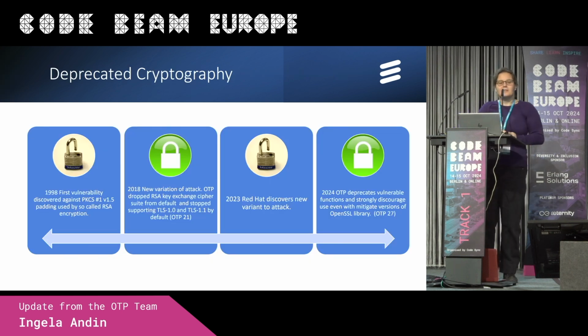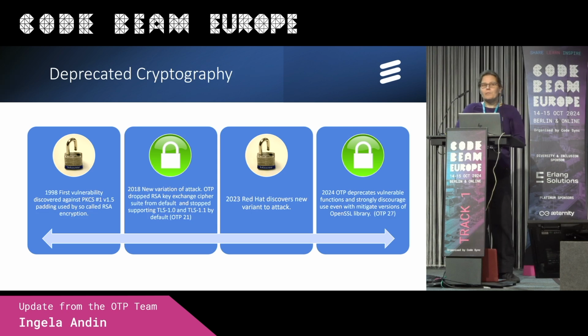One of the changes that turned out to be the most controversial was that we deprecated some legacy RSA encryption functions. The reason was that it has a vulnerable padding mode called PKCS version 1.5. Already back in 1998, it was considered vulnerable and somebody broke it.